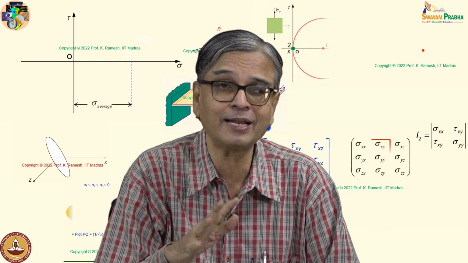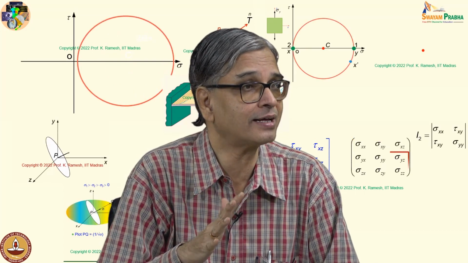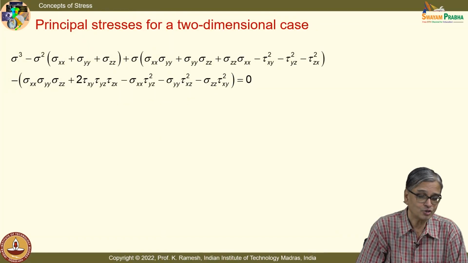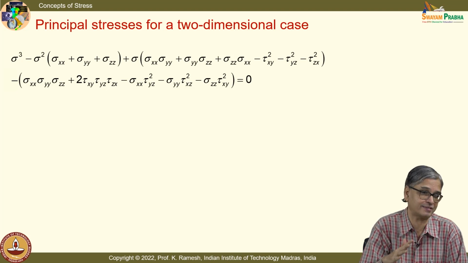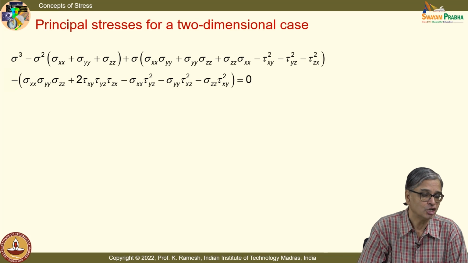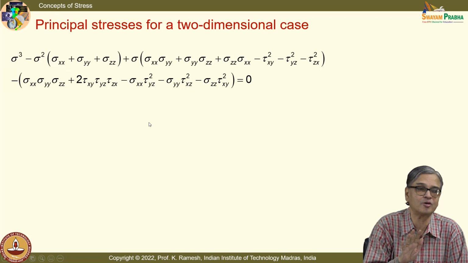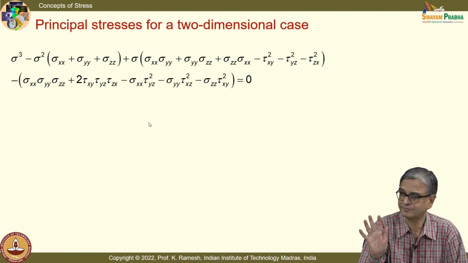Only then is my graphical approach correct and my mathematical approach also correct. So, you have to give credit to the pioneers that they verified the development in multiple different ways. When I say 2 dimensions, only sigma x, sigma y and tau xy exist, and all other stress components with z are 0.